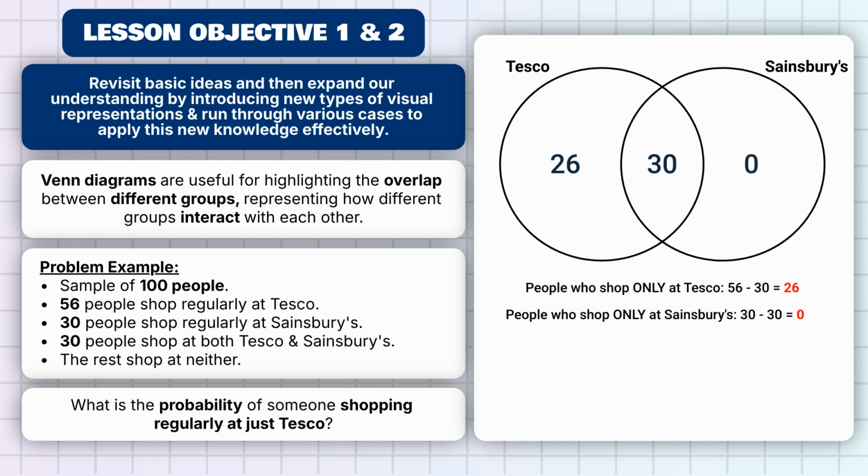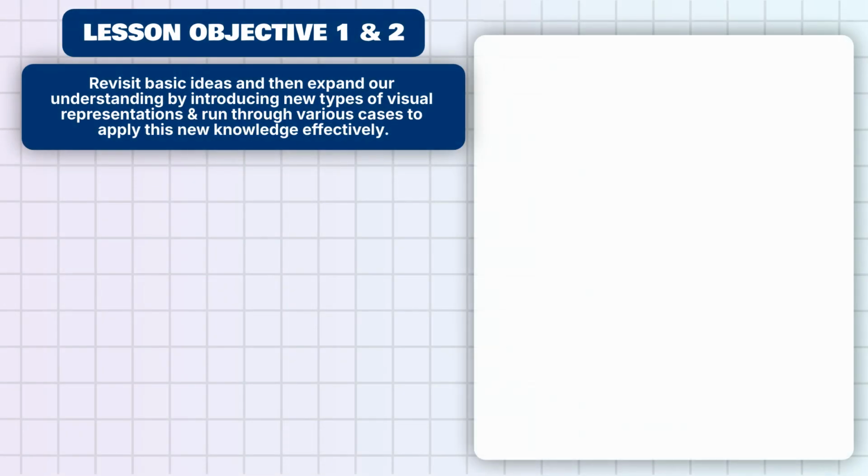So no one shops at Sainsbury's only in this instance. This leaves us with 26 people who shop only at Tesco. Since the total number of people is 100, the probability of shopping at just Tesco is 26 divided by 100, or 0.26.